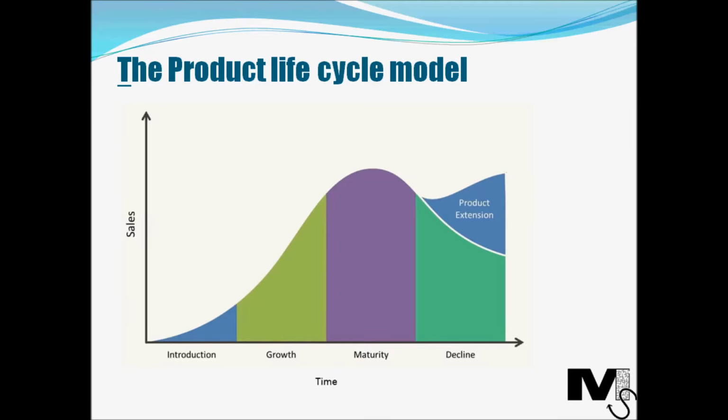Please note that the product extension part of it, which is circled here for your reference, is not compulsorily a part of each product life cycle. I've added it for a specific reason, and that reason is that a lot of products can go through, with some good strategies, a product extension period through which sales can take off once again and the product can come back to life. We'll discuss all of that during the course of this video, of course.